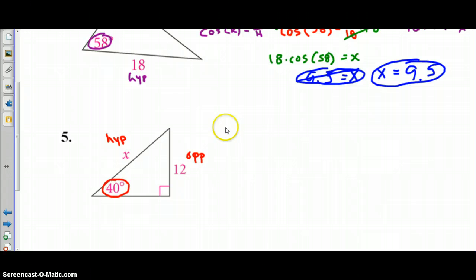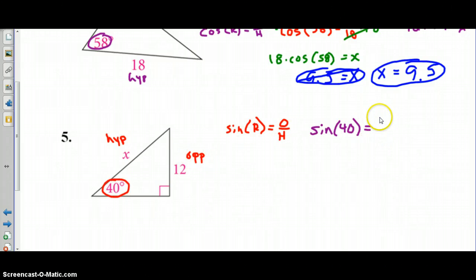We're going to use the sine function because we have the opposite side and the hypotenuse. So if we substitute in, the sine of 40 is equivalent to the opposite side, which in this case is 12, divided by the hypotenuse, which is x.